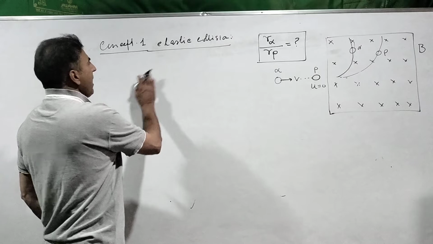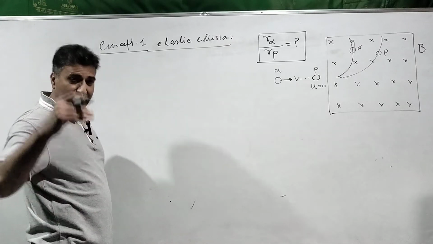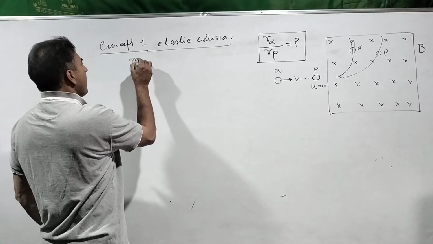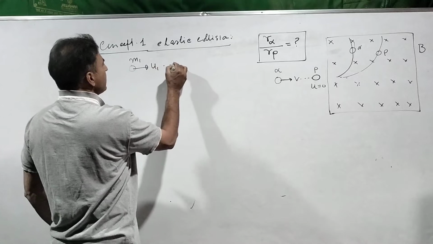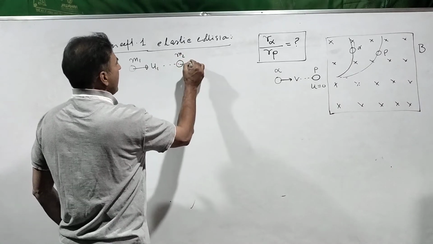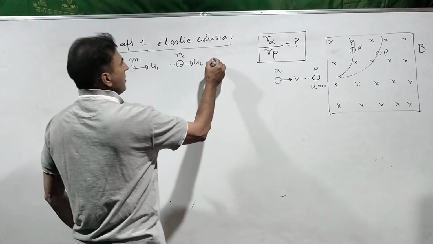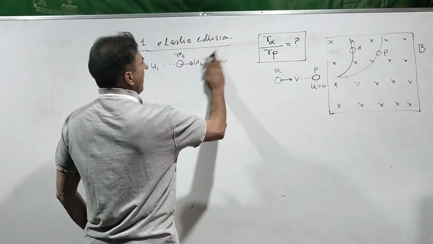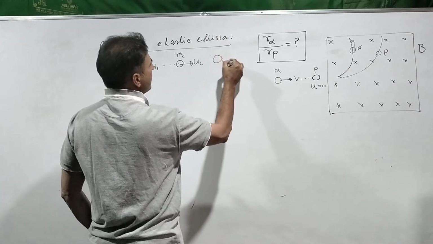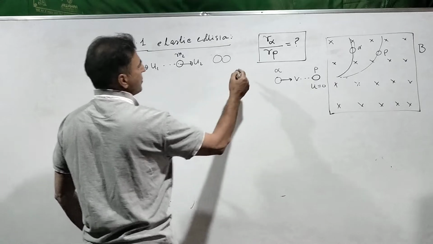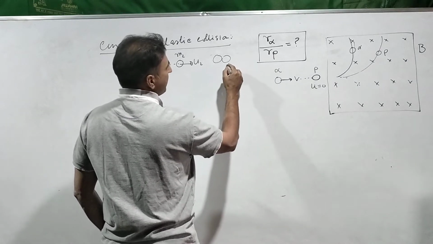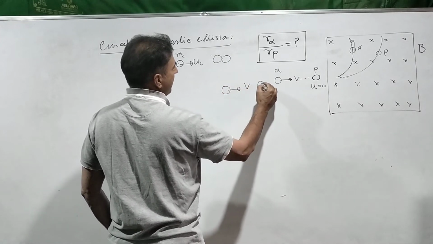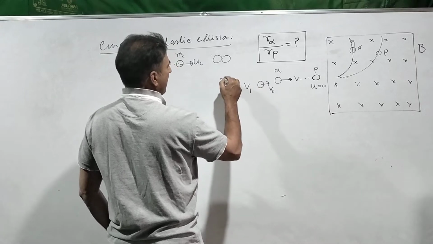Now, for the general formulation in elastic collisions, when a particle of mass m1 having velocity u1 hits a particle having mass m2 and velocity u2, after the collision they have velocities, let me say, v1 and v2.